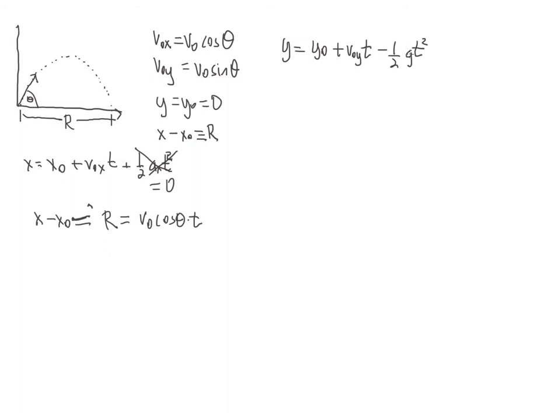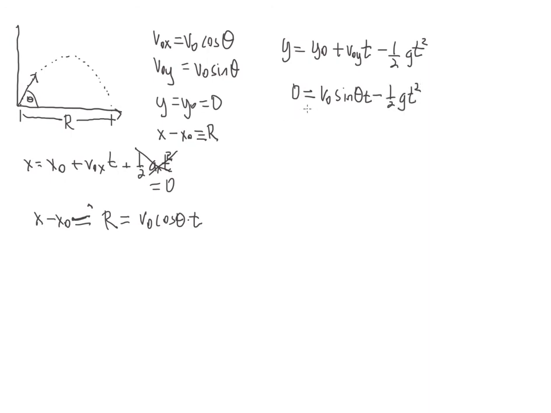So g is the magnitude of the acceleration, downward is where the minus sign comes from. So then I can say that y is equal to y naught equals 0, so I get 0 is equal to v naught y, that's over here, v naught sine theta t minus 1/2 g t squared.